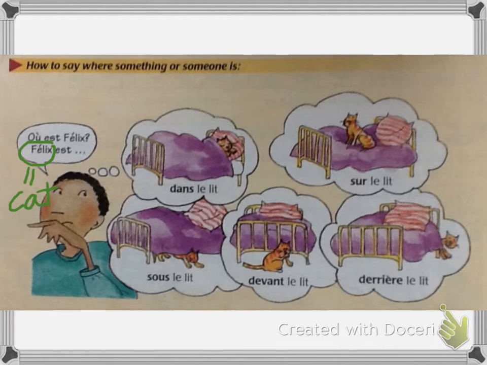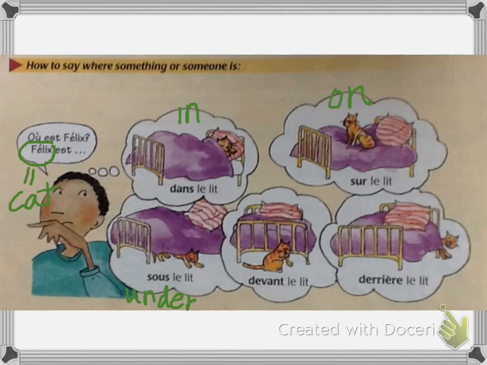Next, we see how to say where something or someone is. The person here is thinking, où est Felix? Felix est. And Felix is the cat in the pictures. So, dans le lit means in the bed. Sur le lit means on the bed. Sous le lit means under the bed.